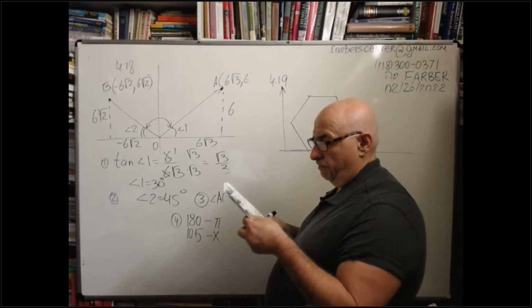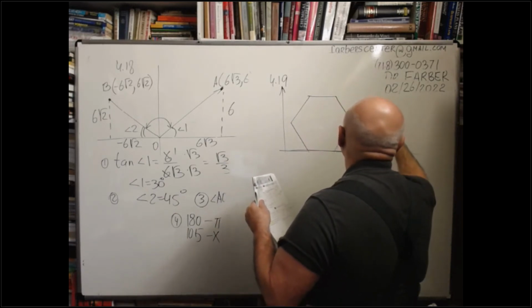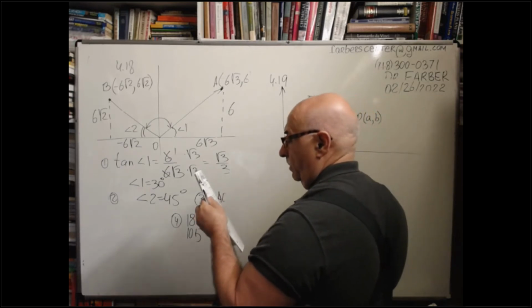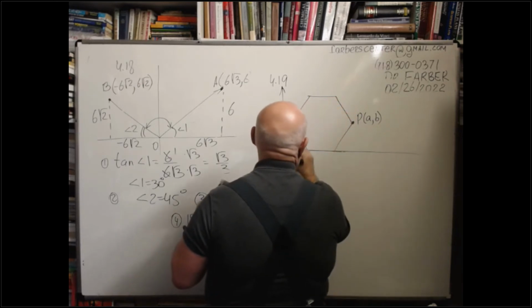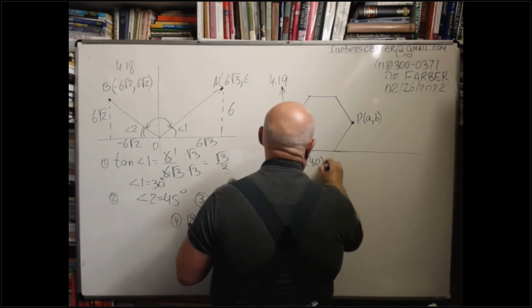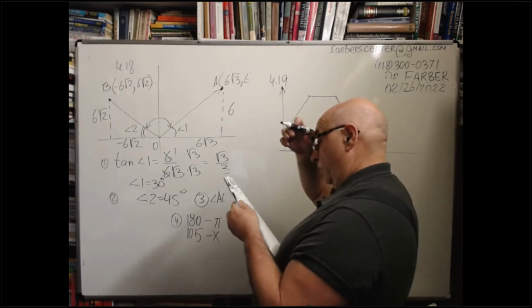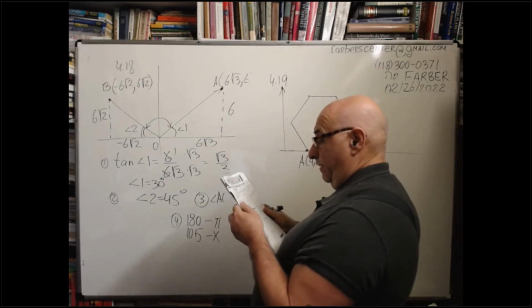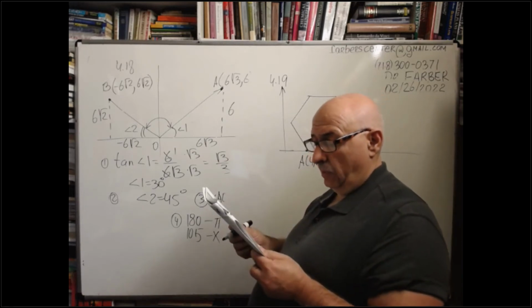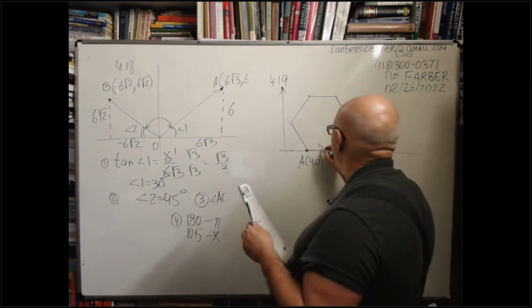Point P with coordinates (a, b), and this is 40. The figure shows a regular hexagon with side length of 5. Every side is 5.